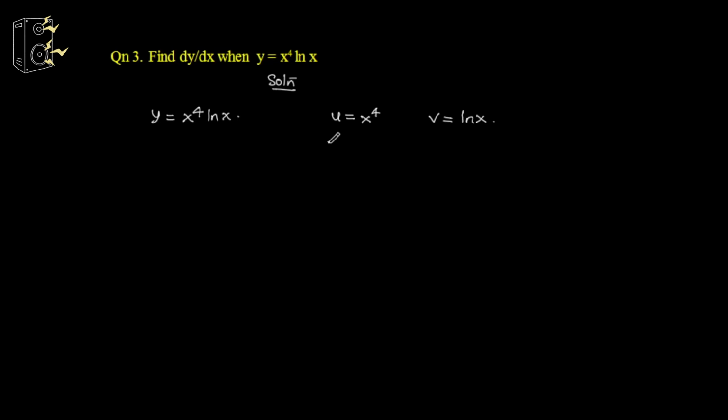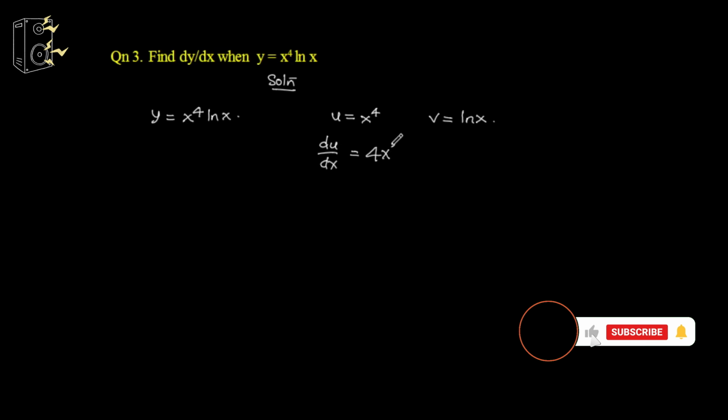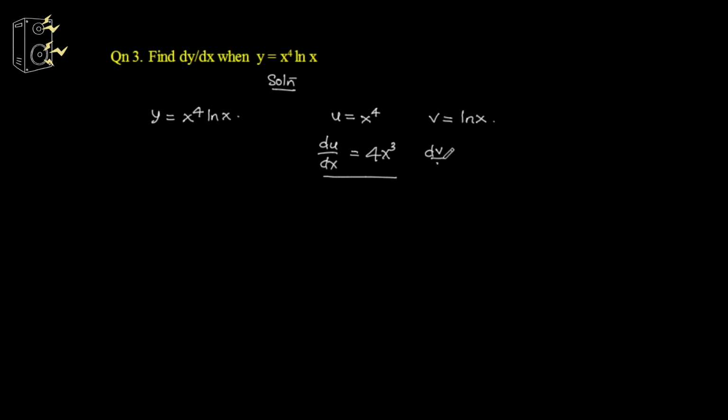Then let's differentiate u with respect to x, so du by dx equals 4x raised to power 3. Then we differentiate v: dv by dx of ln x is just 1 over x.